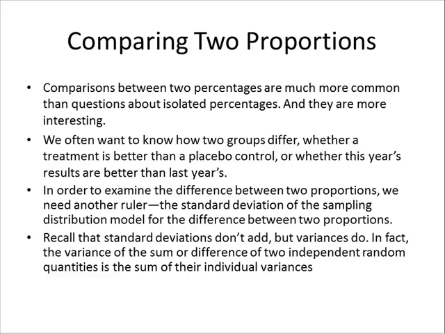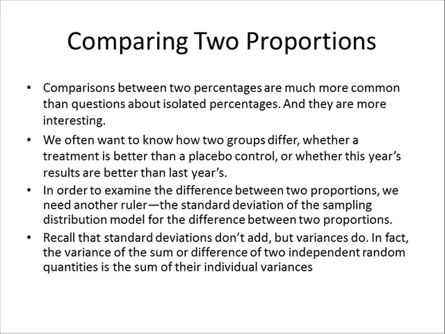In order to examine the difference between two proportions, we need another rule, the standard deviation of the sampling distribution model for the difference between two proportions. Recall that the standard deviations don't add, but variances do. In fact, the variance of the sum or difference of two independent random quantities is the sum of their individual variances. So we want to figure out, okay, what's the difference between these two proportions?